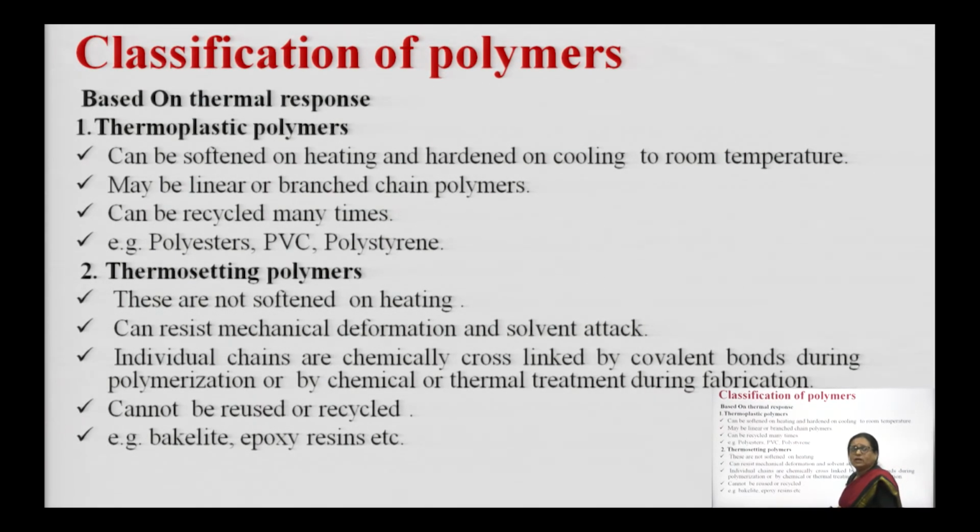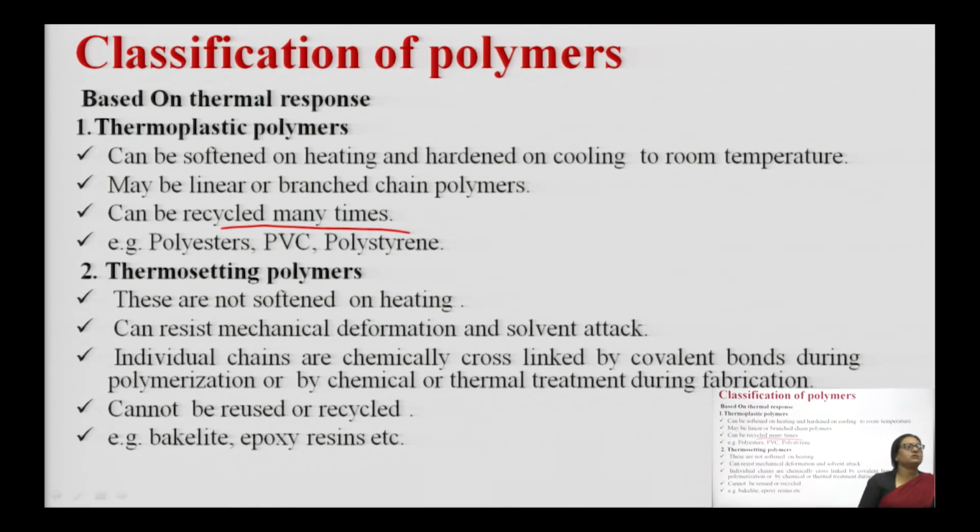Then, based on the thermal response, we have two categories of polymers: thermoplastic polymers and thermosetting polymers. The difference is that thermoplastic polymers can be softened on heating and hardened on cooling to room temperature. They can be remolded and recycled.